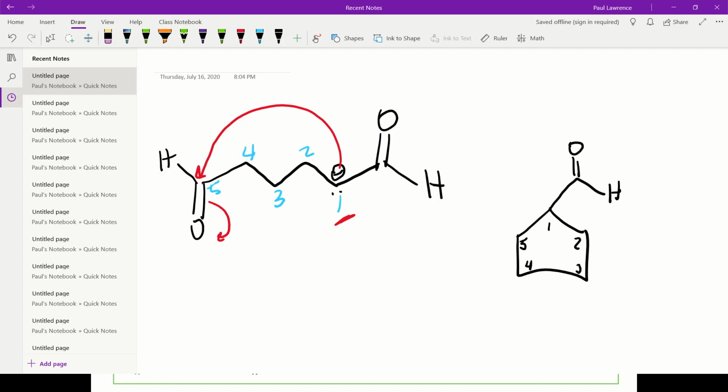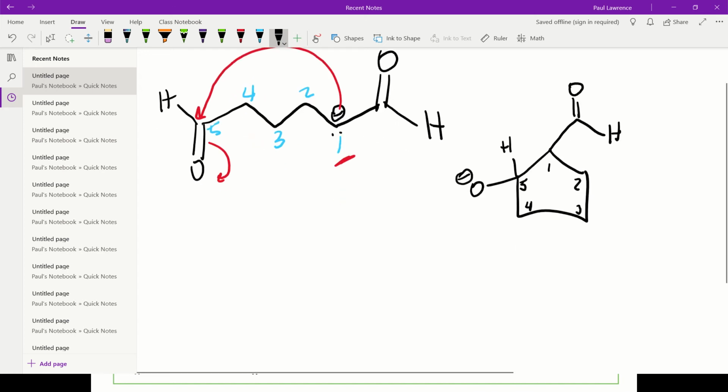Now carbon 5 also has attached to it this piece. But following the red arrows, it shows that carbon 5 has a hydrogen and a O-. So that's how you look at the connectivity when you form a ring of any size.